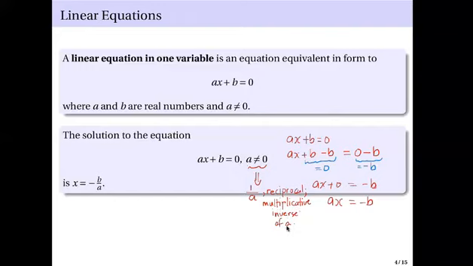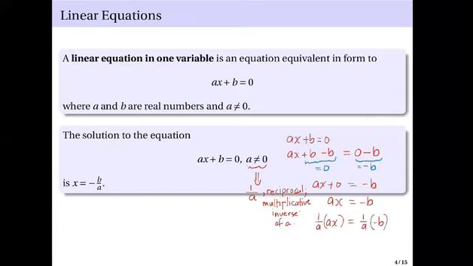So what we can do is to multiply on the left-hand side of the equation by 1 over a, and at the same time, so that we can preserve the equality, we have to multiply 1 over a on the right-hand side of the equation also.